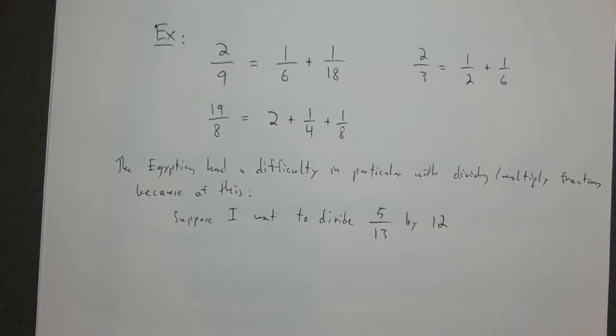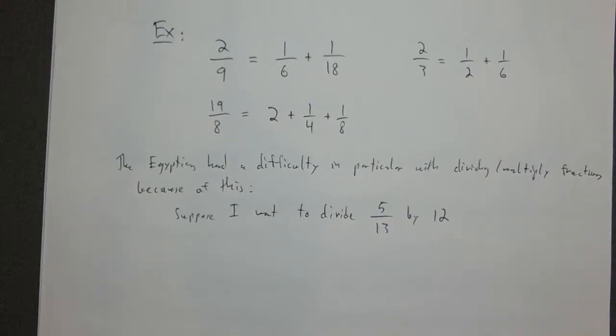We don't even care what 13 times 12 is. We can just slap it as a product. So dividing a fraction by any whole number like this is no problem at all, because our scribes have worked out multiplication tables for us, so it's not even an issue.